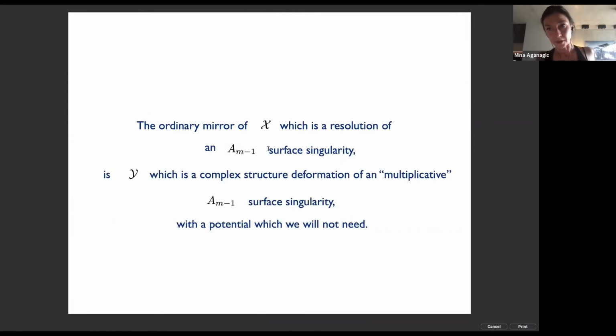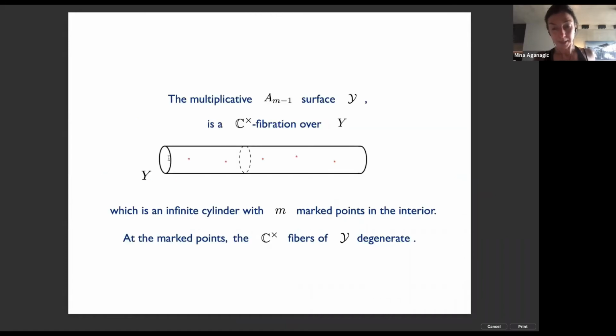The ordinary mirror of the big X is the big Y, which is a complex structure deformation of the multiplicative A_{M-1} surface singularity with some potential that we won't need. This multiplicative A_{M-1} surface singularity is a C star fibration over the small y, which looks like an infinite cylinder with M marked points in the interior.